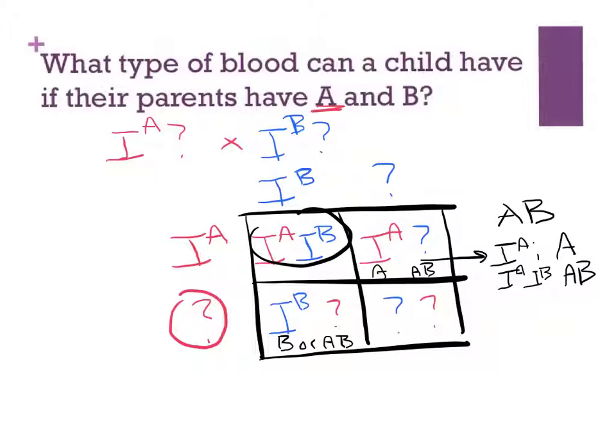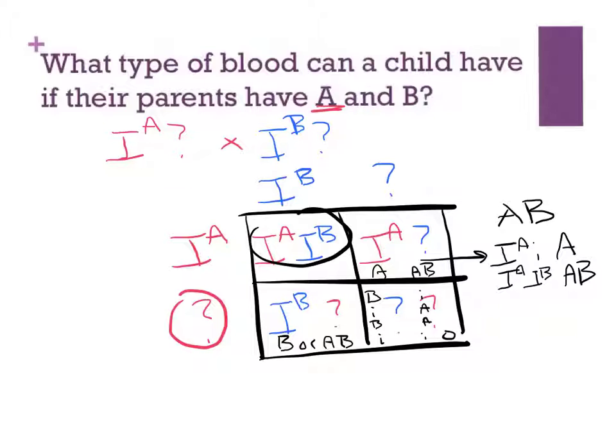And then in this last column, we can have pretty much everything. You could have a B and an i, which would be type B blood. You could have an i and an A, which would be type A blood. You could have another B and an A, which would be AB blood. Or you could have two i's, which would be type O blood.